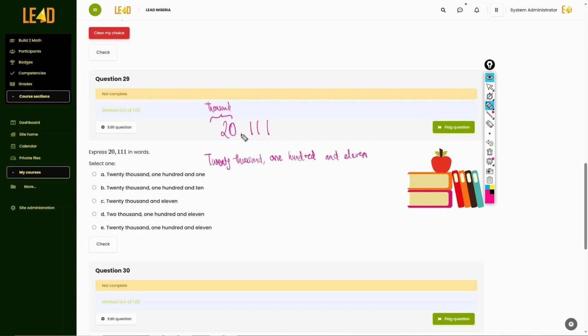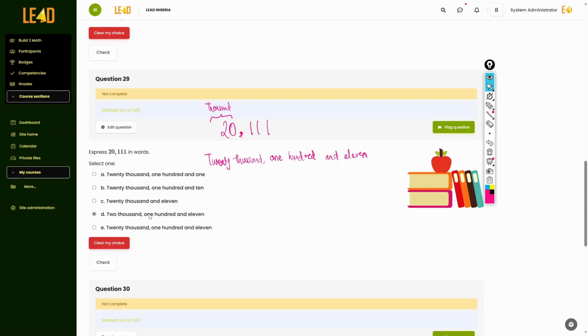To the left of the first comma, we have the thousand, that's coming from the left. After that, we have the hundred, units and tens. So 20,111. That's option D. Option E, 20,111.